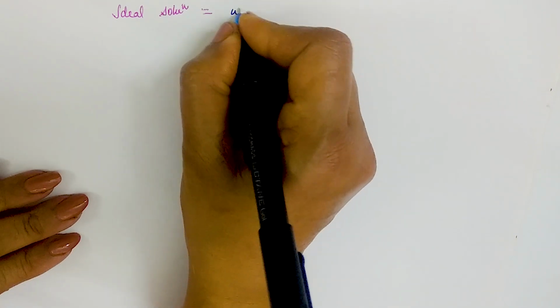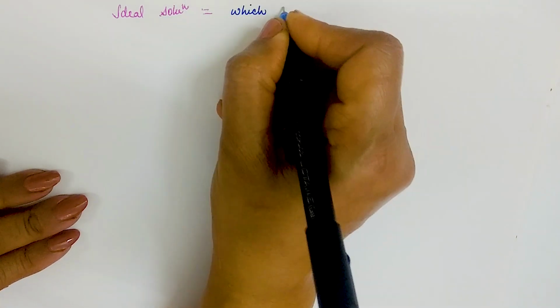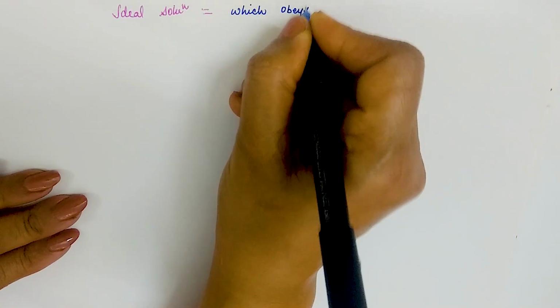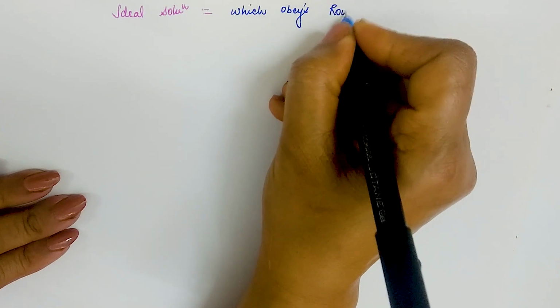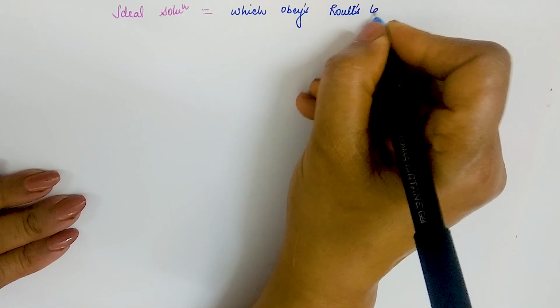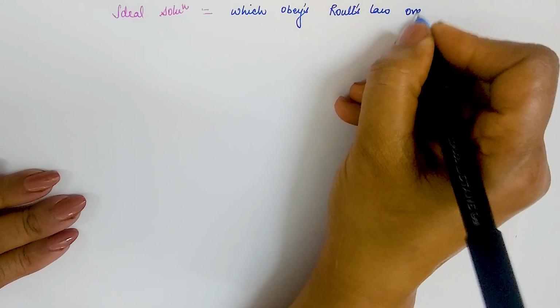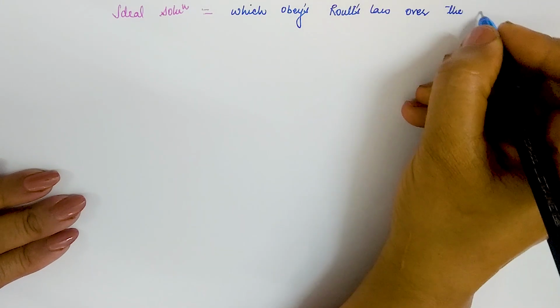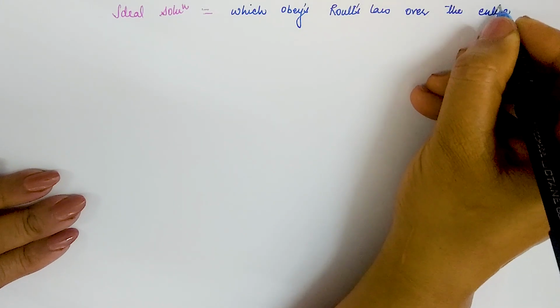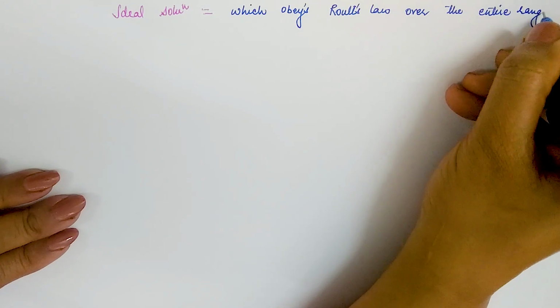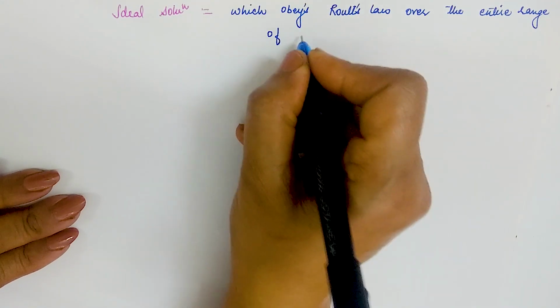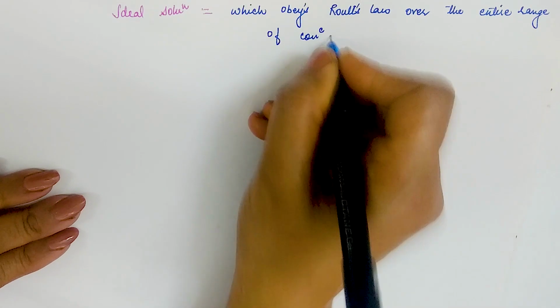Now an ideal solution is which type of solution? An ideal solution is one which obeys Raoult's law over the entire range of concentration.